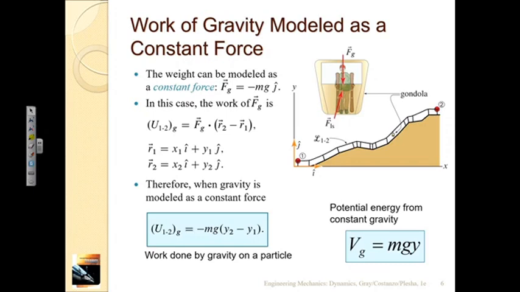I've got a little car. I'm going to let them go down the hill. This is the exact same height, perfectly drawn, h. Who's going faster at the bottom of this hill?